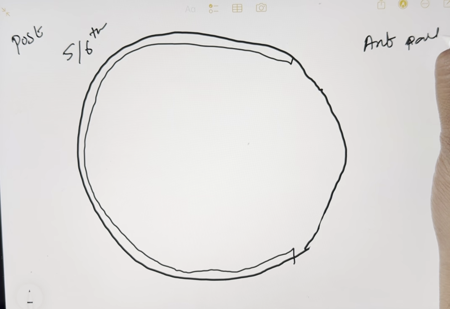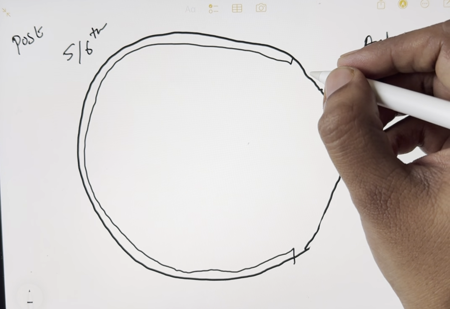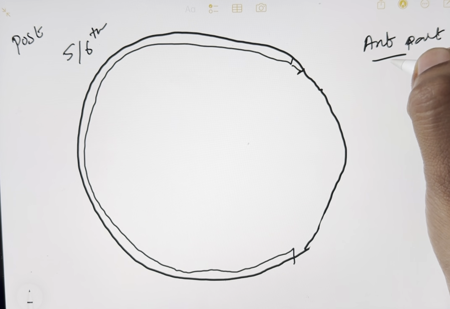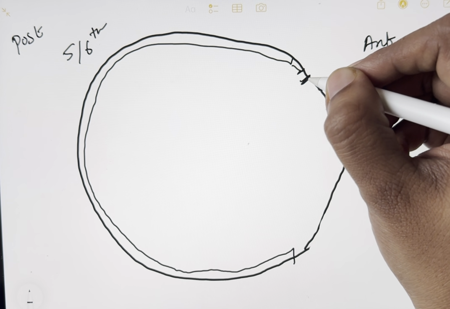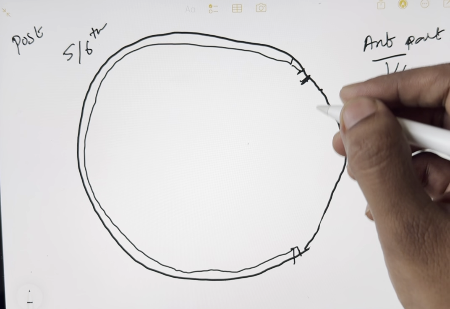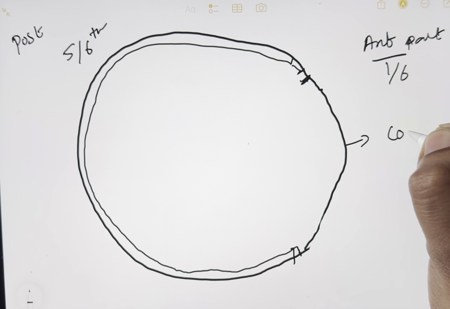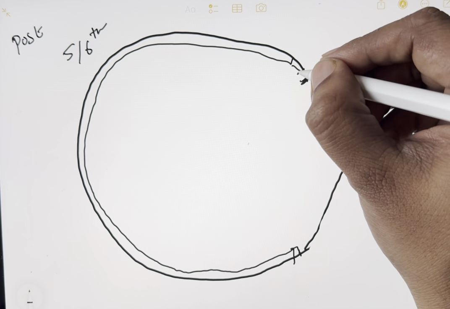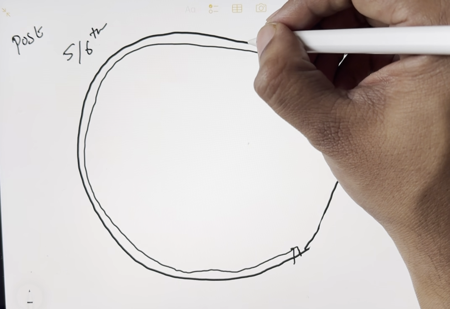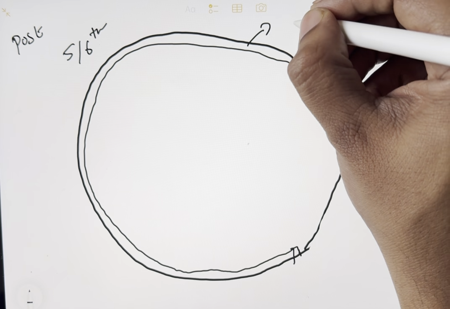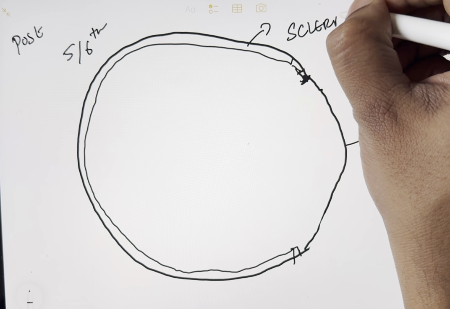The anterior 1/6 is made up of an avascular transparent structure, and this is known as the cornea. And this posterior part is called the sclera.